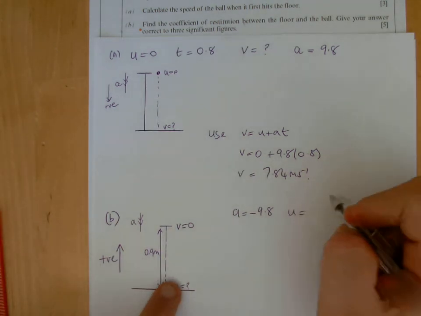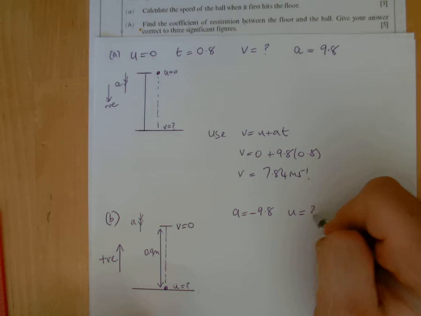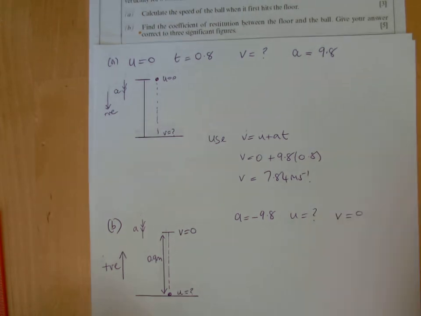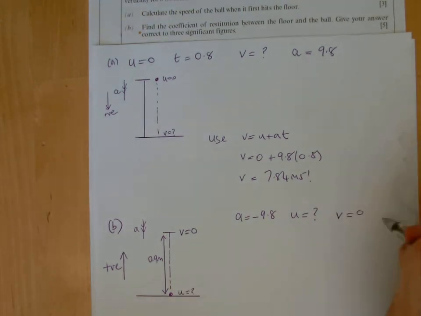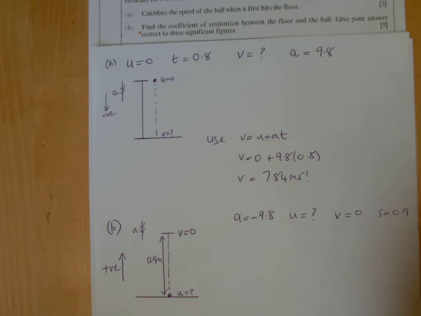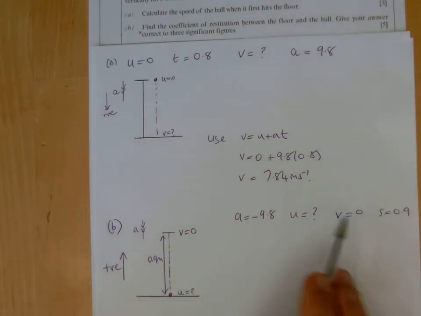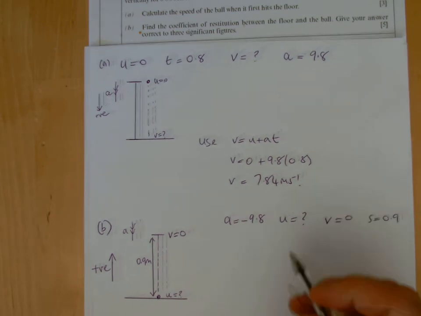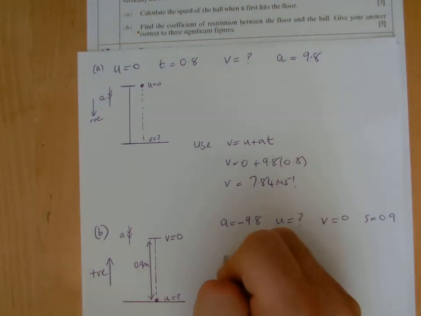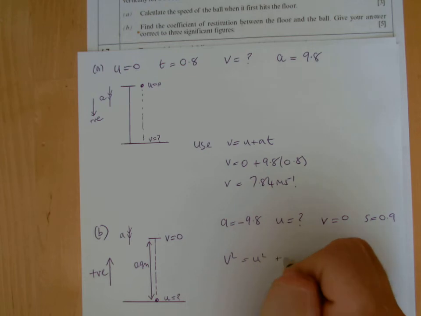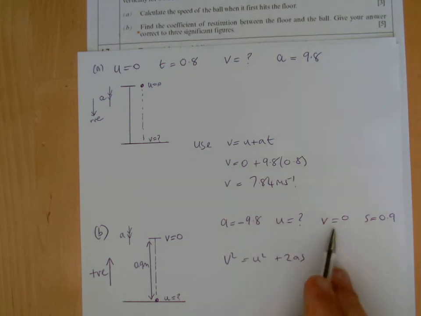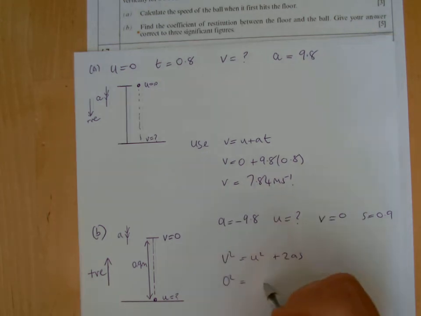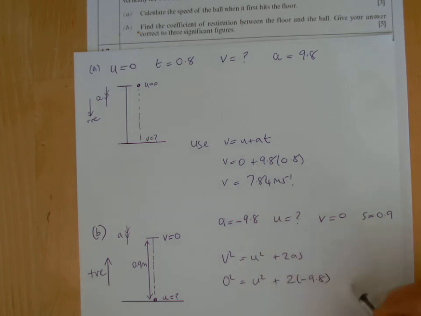U, when it bounces off the ground, we don't know what it is. But we know v is 0, and we know s is 0.9, because we know the height it gets to. So we can use these now to work out what the initial speed is. I think we can use v squared equals u squared plus 2as. So v is 0, u we want to find out, minus 9.8 for a, and s is 0.9.